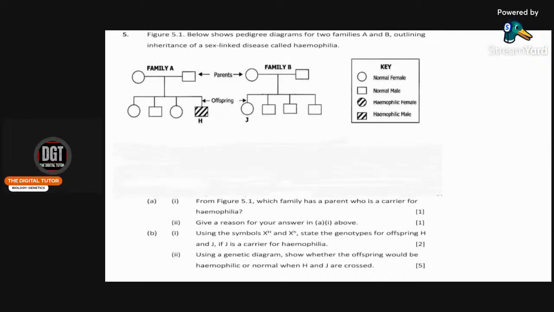So this one is on family trees, that is pedigree. So let us look at how we can answer the question on families, or pedigree. So also we are looking at the inheritance here, okay?